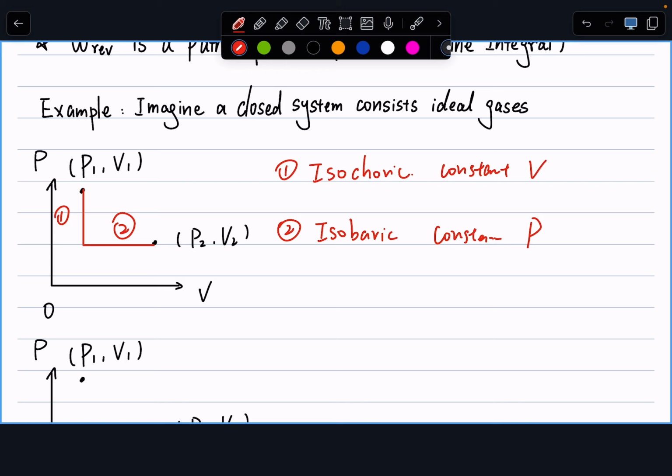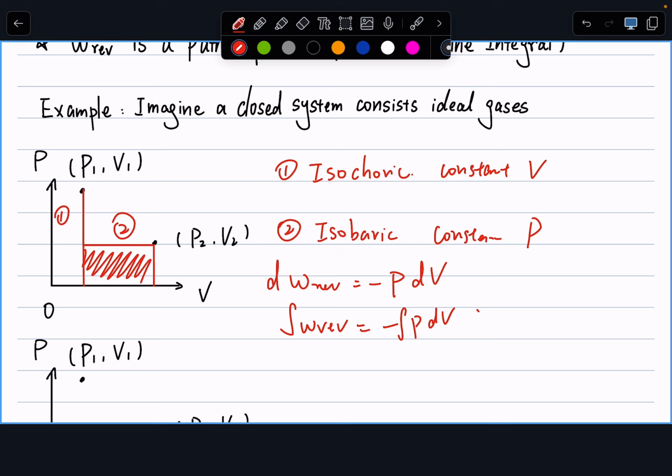Now the work that's being done, remember our work reversible equals negative P dV, or you take the integral on both ends to get the total work that's being done, right? Whenever you're taking the integral, it's pretty much asking what's the area below the curve. That's the curve we created along the isobaric path, so that gives us the area below the curve to be something like this, right?